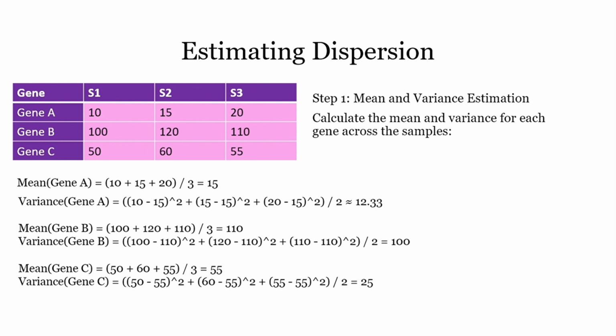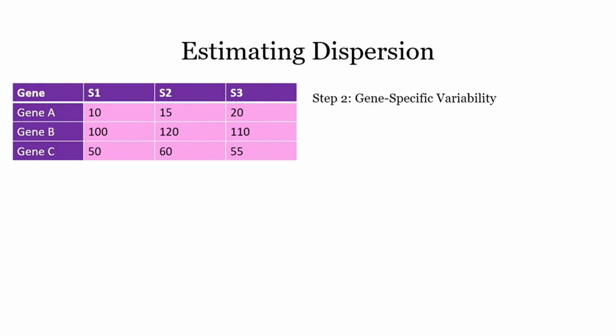We calculate the mean and variance for gene B and gene C too. The mean for gene B is equal to 110, and the variance is equal to 100. And the mean for gene C is equal to 55, and the variance is equal to 25.